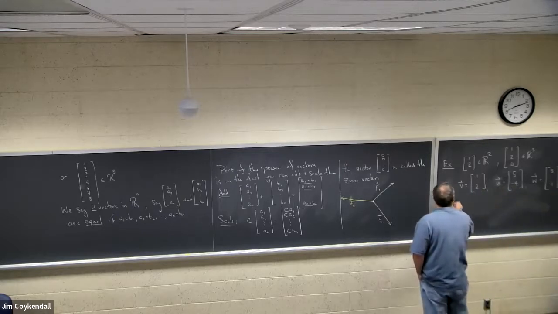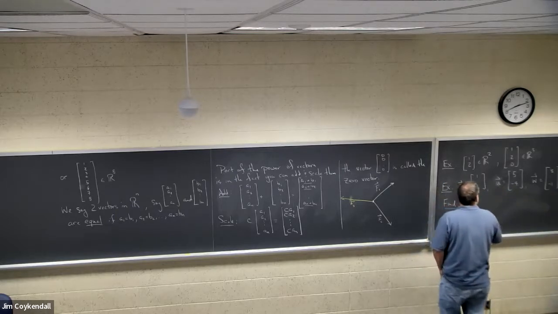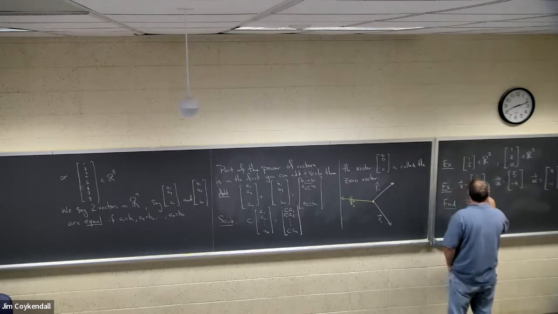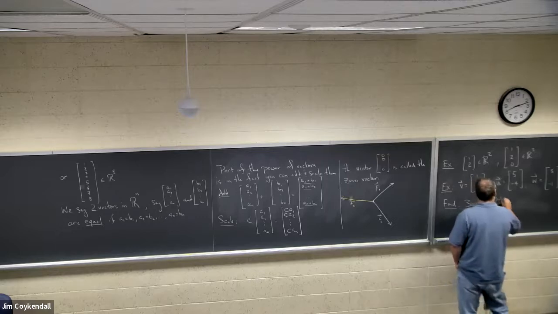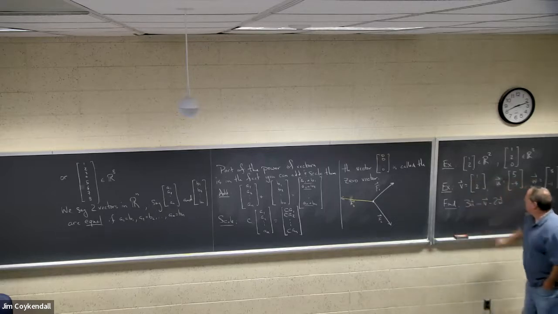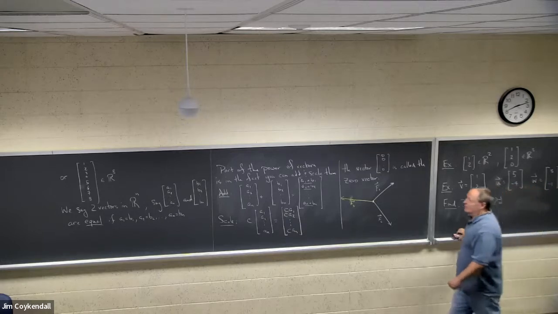Find, let's say, 3U minus B minus 2W. Let's find this vector here.